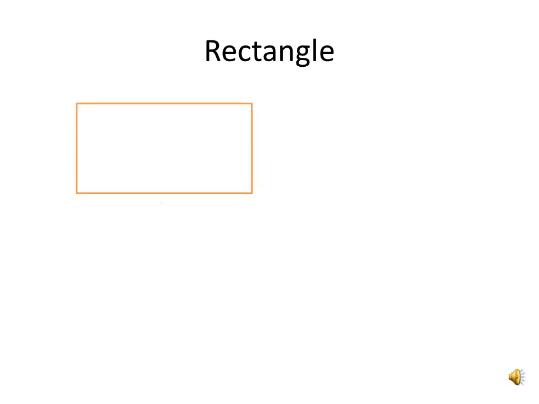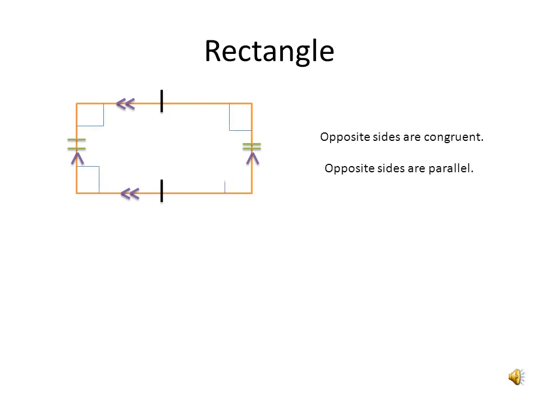Rectangle. Notice that the opposite sides of a rectangle are congruent. Also notice that the opposite sides of a rectangle are parallel. In the case of a rectangle, all four angles measure 90 degrees.